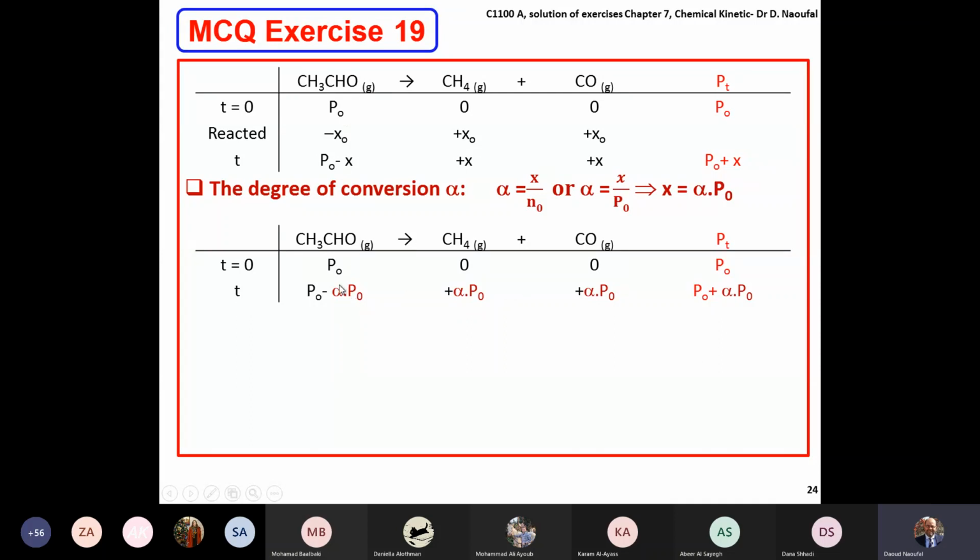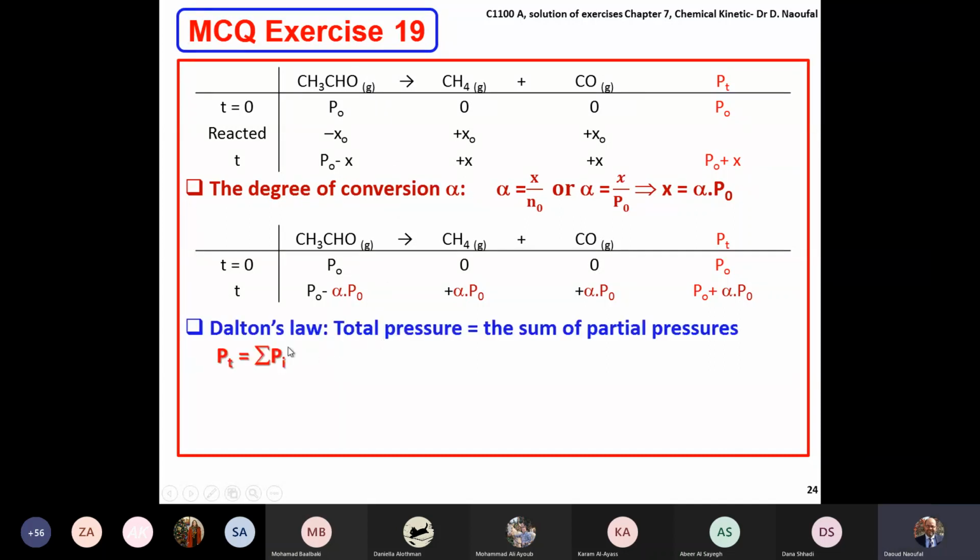Pay attention that these two tables are similar. According to Dalton's law, for ideal gases, the total pressure is the sum of the partial pressures. So P total equals P0 plus alpha P0, which implies P total minus P0 equals alpha P0.